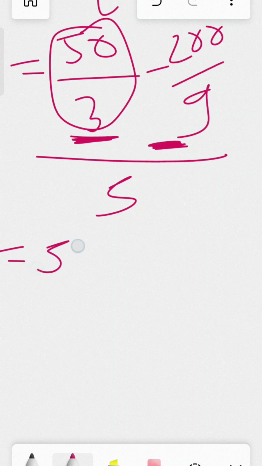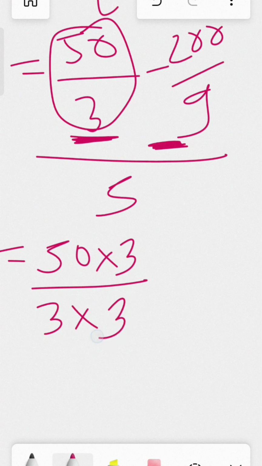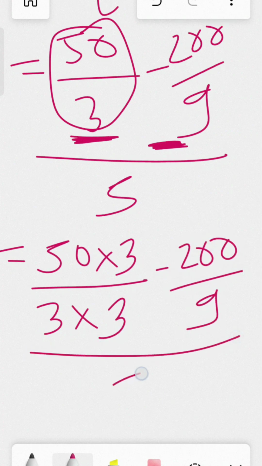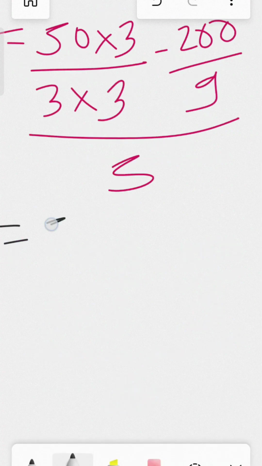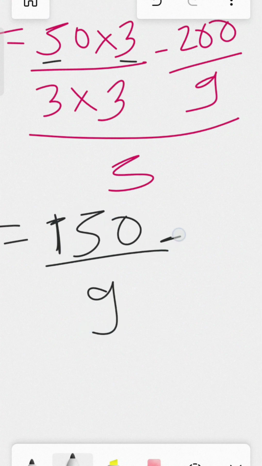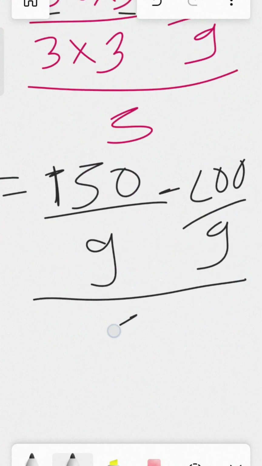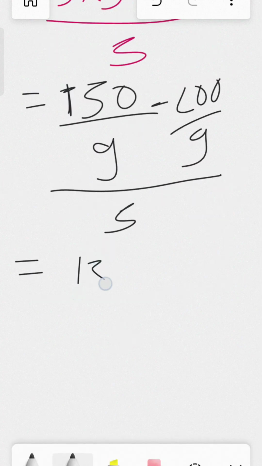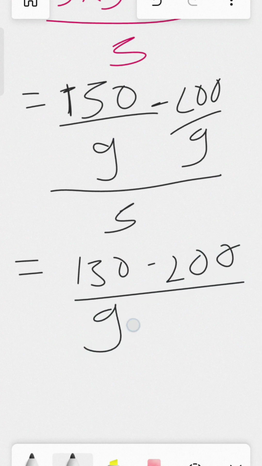So let us do it. 50 multiplied by 3 divided by 3 multiplied by 3, minus 200 divided by 9, and the whole thing divided by 5. 5 3s are 15. So you will get 150 divided by 9 minus 200 divided by 9, upon 5. So you will get 150 minus 200 divided by 9 into 5.